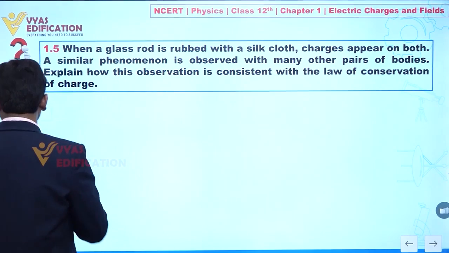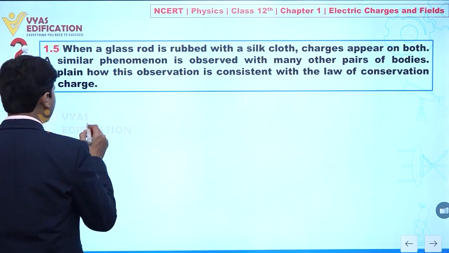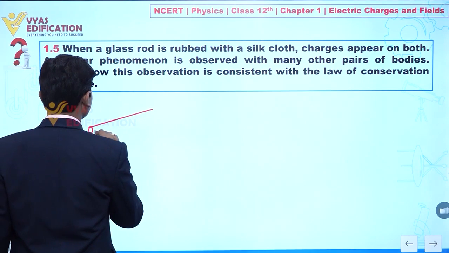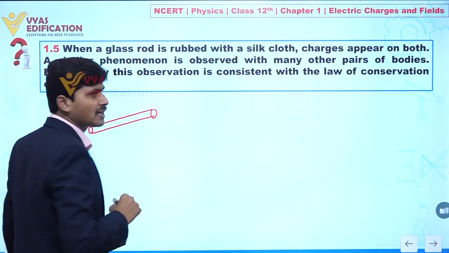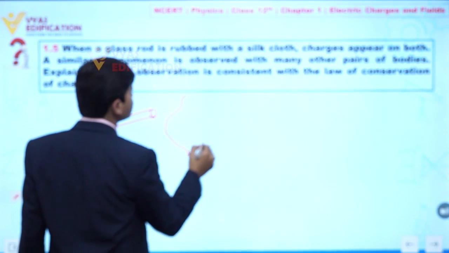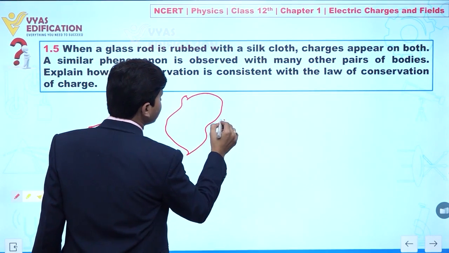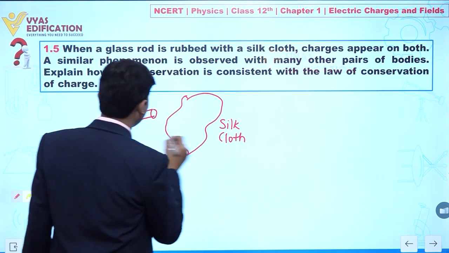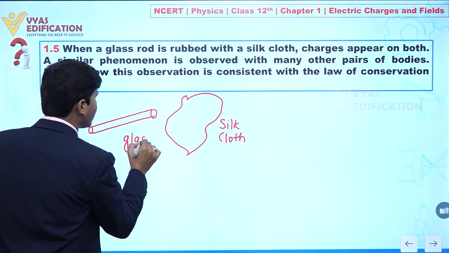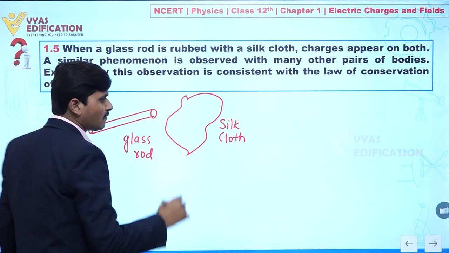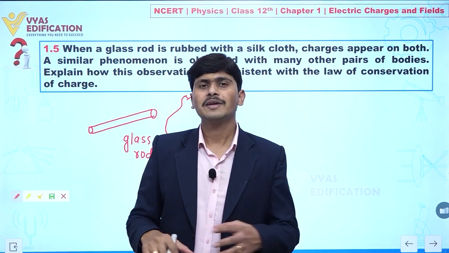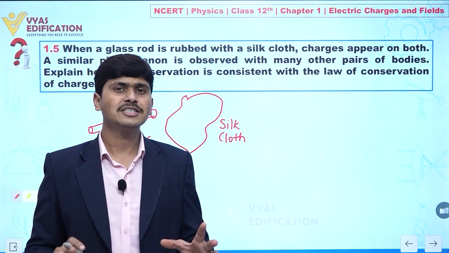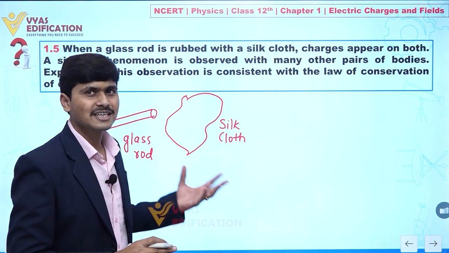So if we consider here, let's suppose this is a glass rod, and here we have, let's suppose, this is a silk cloth, clear. Initially, whenever both are separated or isolated, there is no charge present on the glass as well as on the silk cloth.